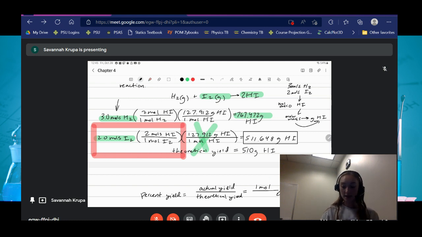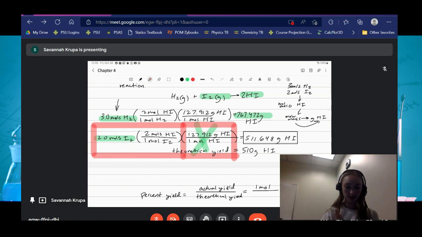So we need to have the same units. So before we converted this into grams of HI, this red box here, this is the conversion of moles to HI. So it's just finding the theoretical yield of moles and then the theoretical of grams using that next conversion right here. So before we used the conversion to get to grams, we had a conversion to get to moles.